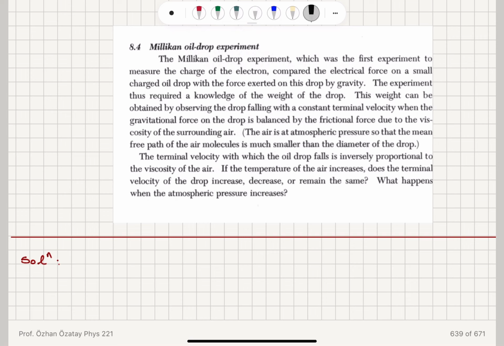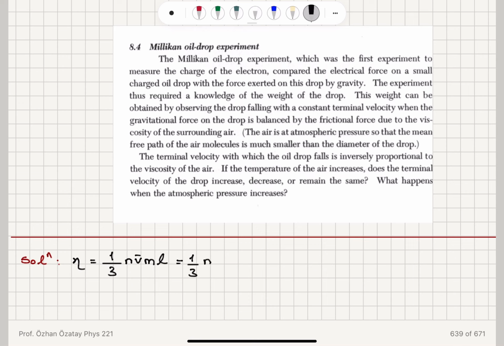The viscosity of the air, eta, is given, according to elementary kinetic theory, by 1 over 3 n, the number density, times the mean speed per molecule, times the mass of one molecule, times the mean free path.